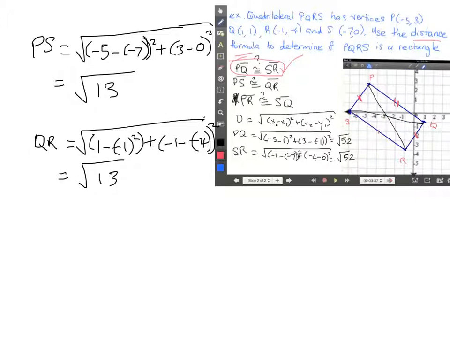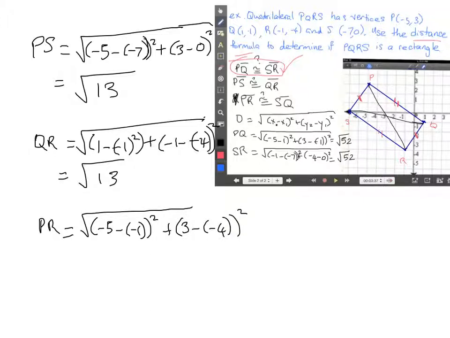Let's see. All right, so PR is equal to, and again, I'm just using the distance formula because that's what the question asked for, -5 minus -1 squared plus 3 minus -4 squared. And when you work that all out, you should get the square root of 65.